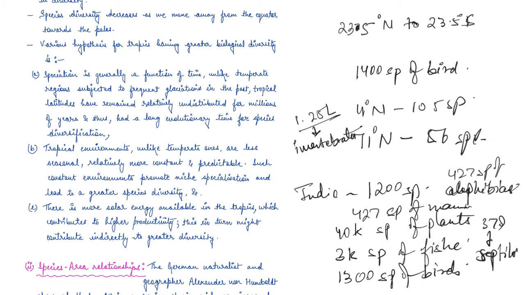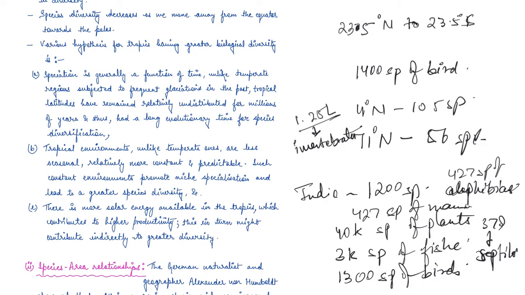The first one is that speciation is generally a function of time. Unlike the temperate regions, which were subjected to frequent glaciation in the past, the tropical latitudes have remained relatively undisturbed for millions of years, and thus had a long evolutionary time for species to diversify.